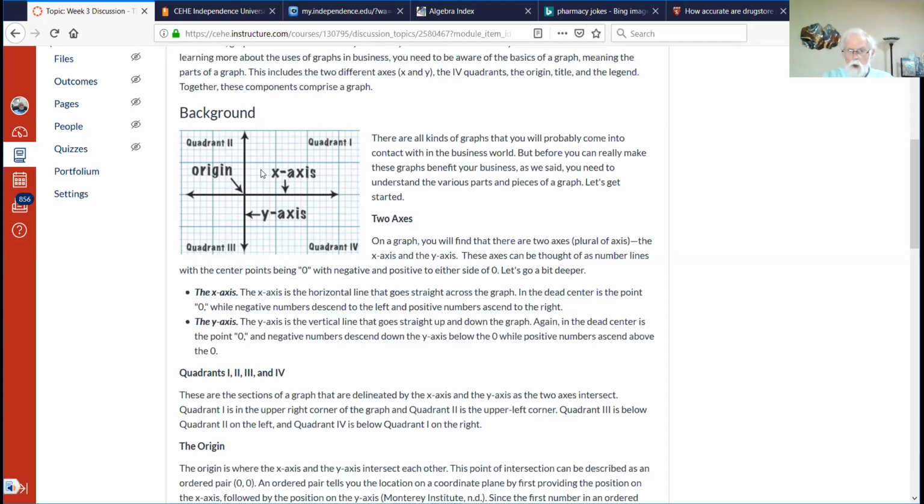We can describe any point by putting in parentheses the X value, a comma, and the Y value. And it's always X value first, Y value second, to eliminate confusion.